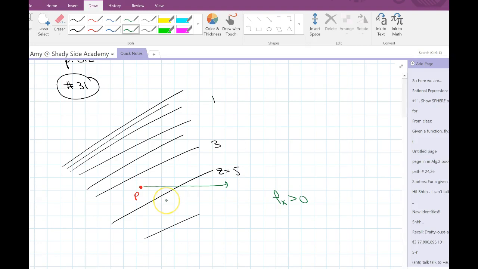The other thing we talked about today was, if I look at this point P, and at the way P is changing as I move up in the direction of increasing y, it looks like if z is 5 here and 3 here, maybe z is 4 as you pass through P, and maybe z is 1 here.